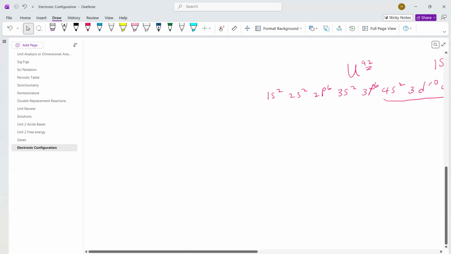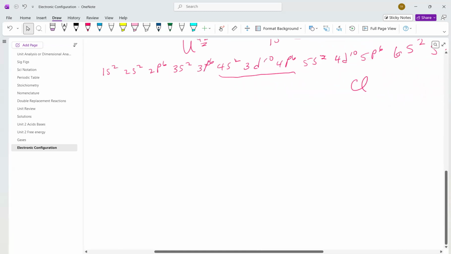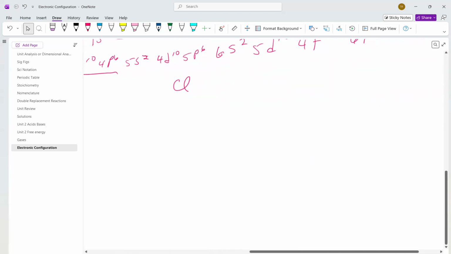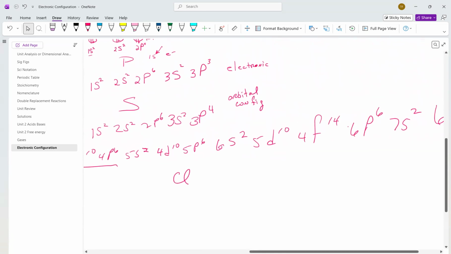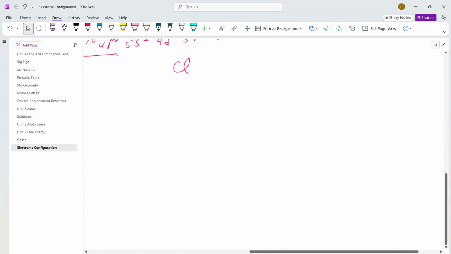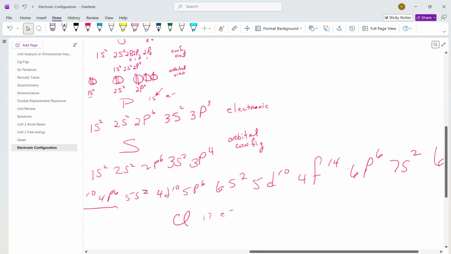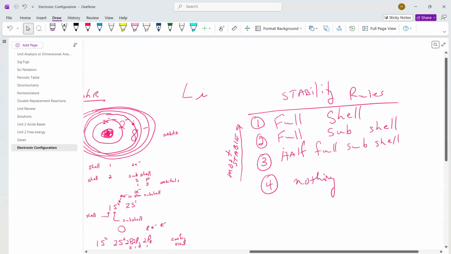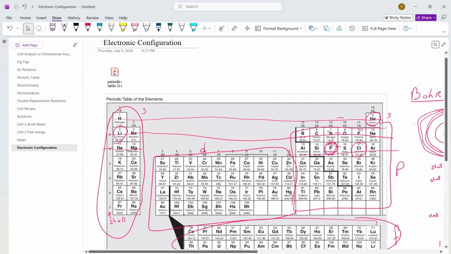Okay, so first thing you do is you're going to do the electron configuration (17 electrons). So we're going to do the 1s, 2s, etc., till we get to 17. Now, notice where chlorine's located. It's on the third shell down.